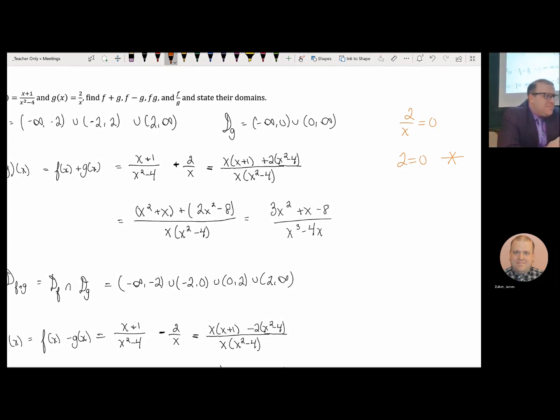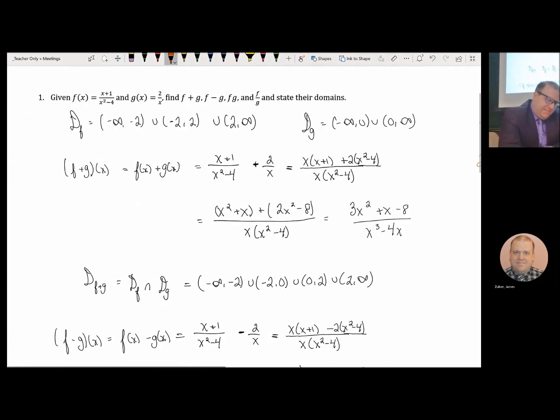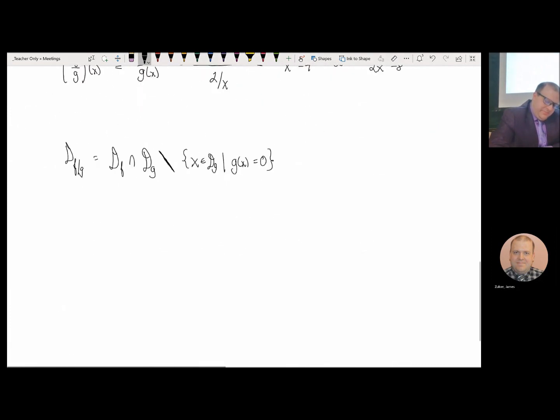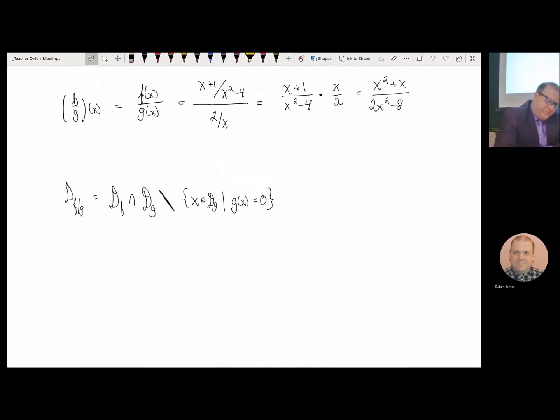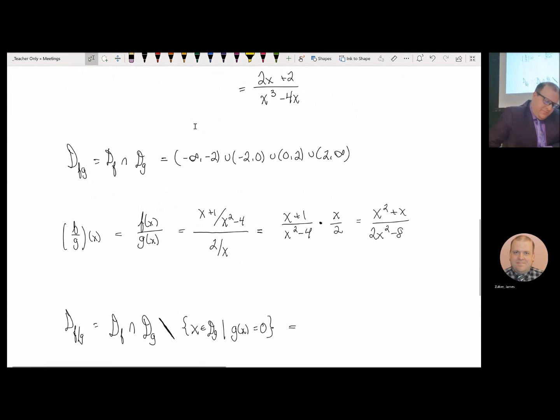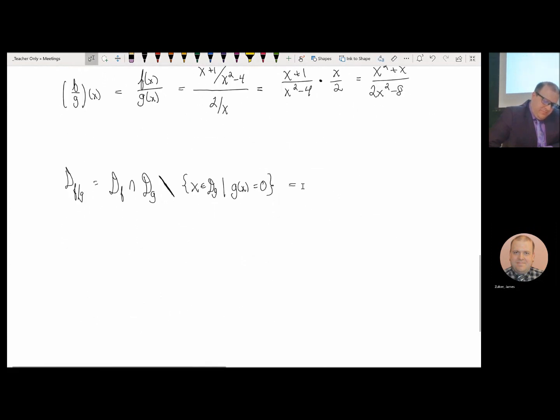So, all right. The domain of f over g of x would be basically the domain of f, right? Because you can't have zeros in there. It's the same thing.